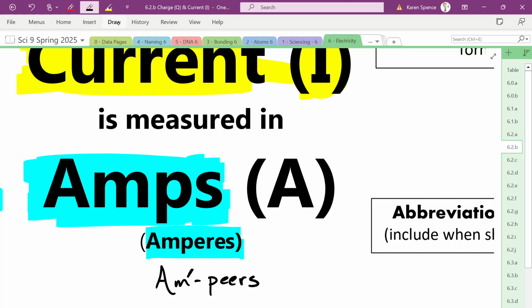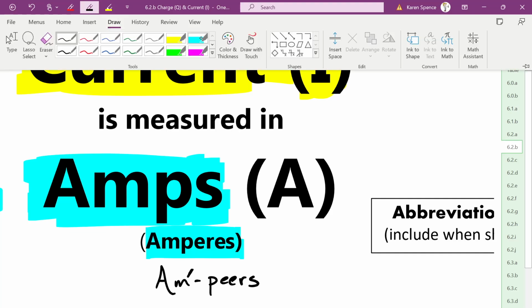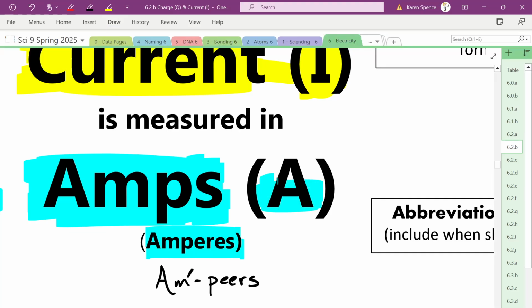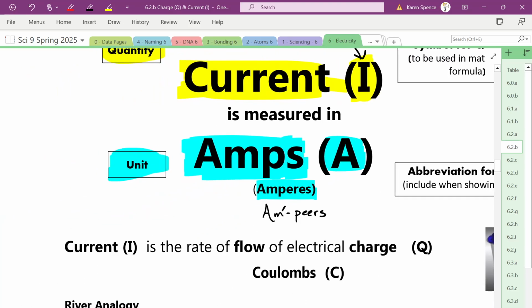And we abbreviate it even further to the letter A, which also makes nice sense. Okay, ampere, A. So current I is the rate of flow of electrical charge Q. So there is a relationship between the charge and the current.